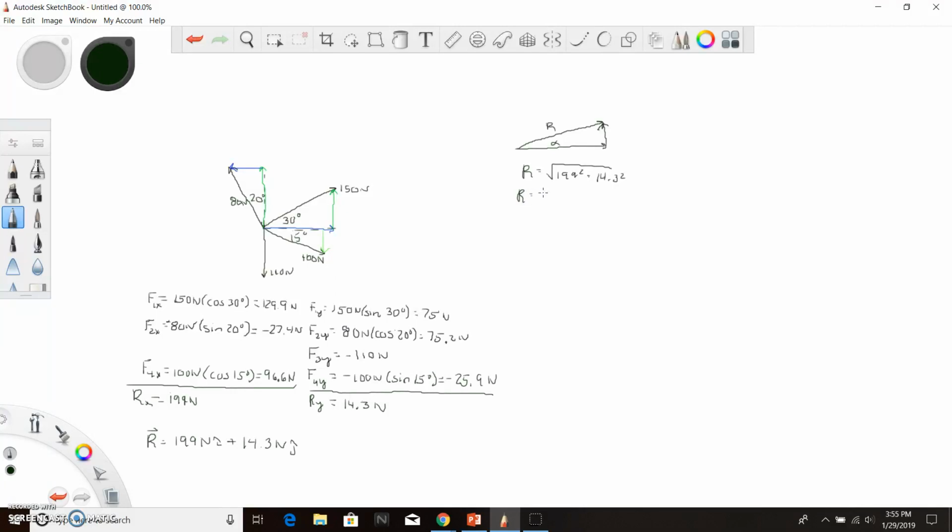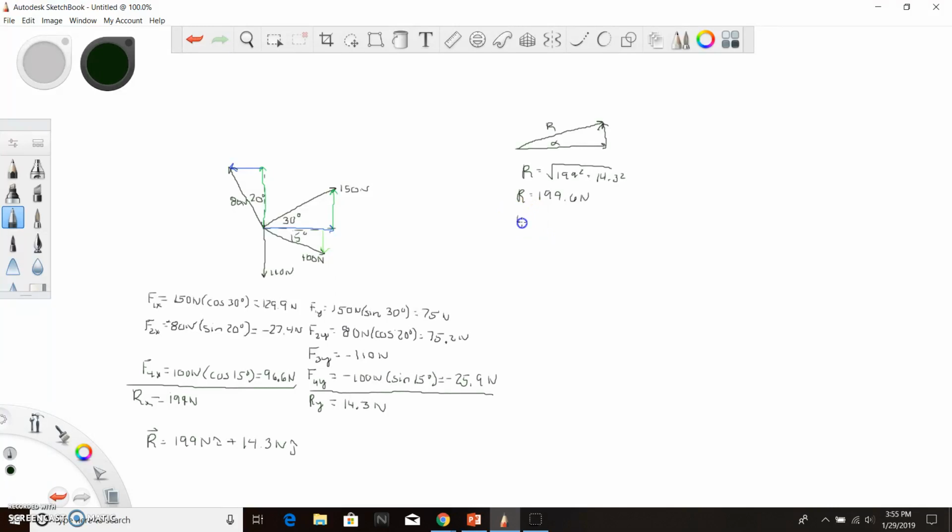Okay, and I'm going to get a resultant of 199.6. That's about what I would expect. That sounds right to me because this leg is so much bigger than that one.